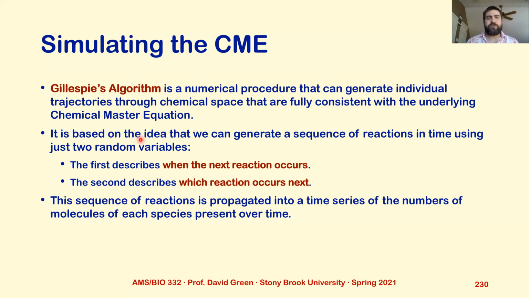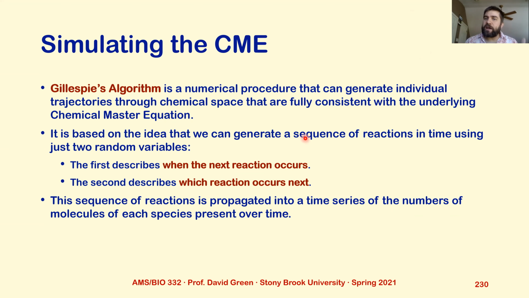Instead, we are going to introduce an algorithm known as Gillespie's algorithm, or sometimes referred to as the Gillespie algorithm. It's a numerical approach that will be able to generate an individual trajectory, an individual time series of numbers of molecules through the chemical space, so the numbers of molecules over time.